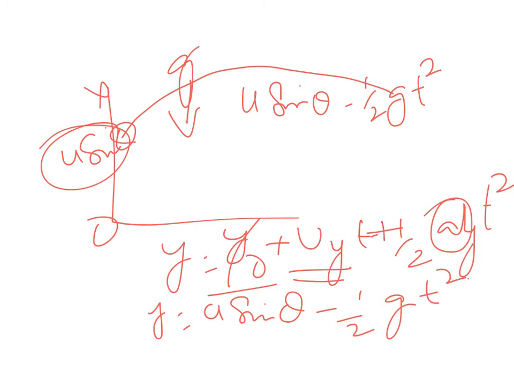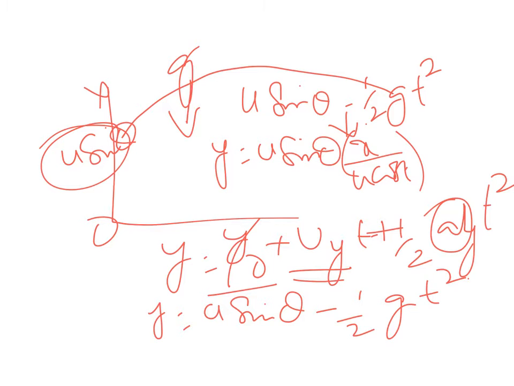Now y is equal to u sin theta into x by u cos theta. Why? Because I'm taking the value of t, which we studied before in the horizontal direction, minus half into g into t square, where again t is x by u cos theta, the whole square.